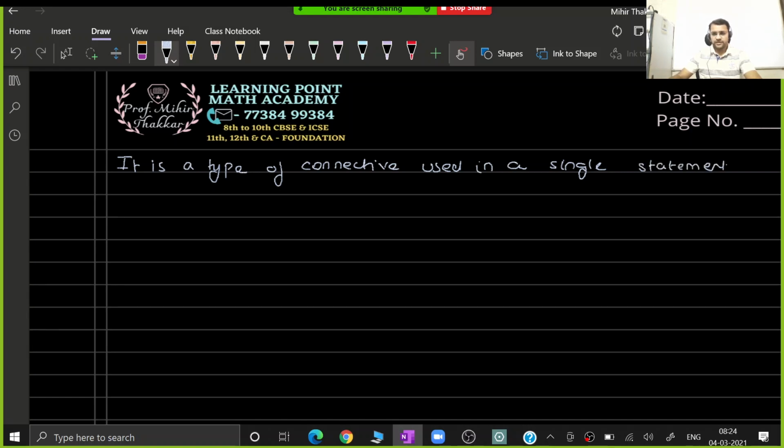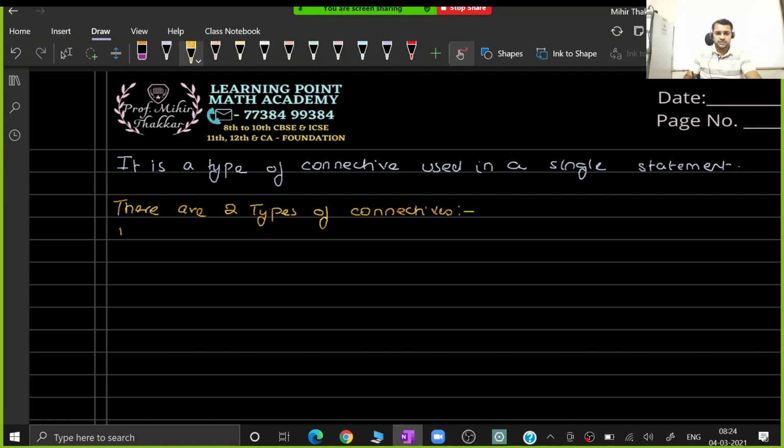A type of connective which is used in a single statement. Now see, there are basically two types of connectives. There are two types of connectives.